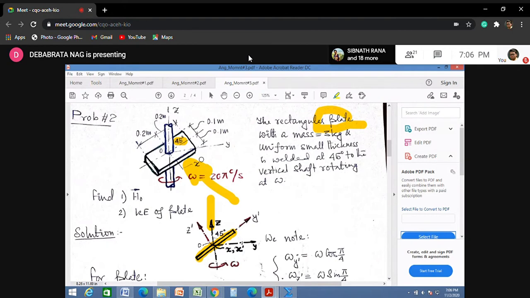This type of thing is sometimes known as the swash plate mechanism. Of course, in a swash plate mechanism, this angular tilt can be varied, which means the connection is not welding. Here it is welded, so this 45-degree angle is always fixed.